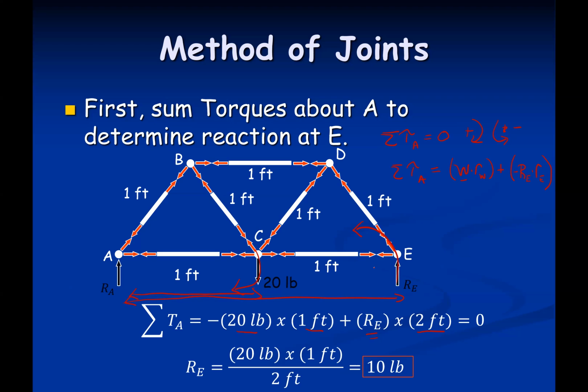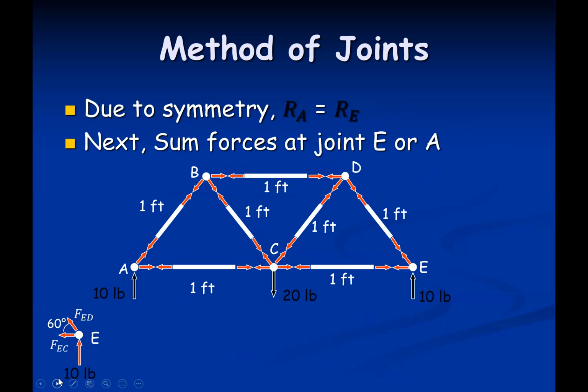Because if I only have 2 upward forces, I would assume they would equally split the downward force of 20 pounds. So that gives me the reaction at E. Due to symmetry, or really due to the summation of forces in the Y equal to 0, you'd have reaction of A plus reaction of E minus that weight acting down equals 0.